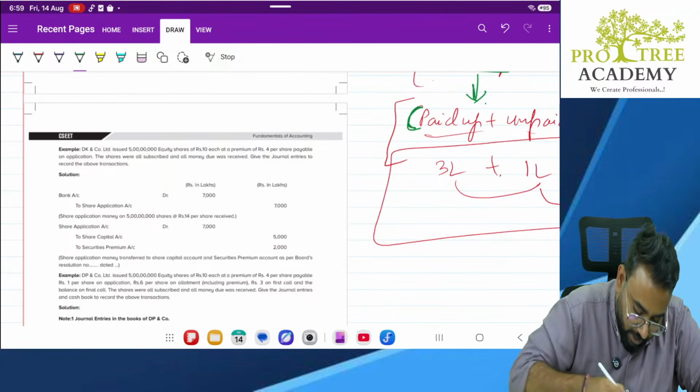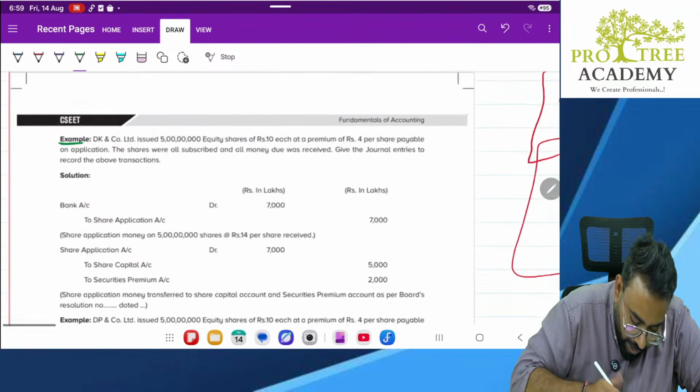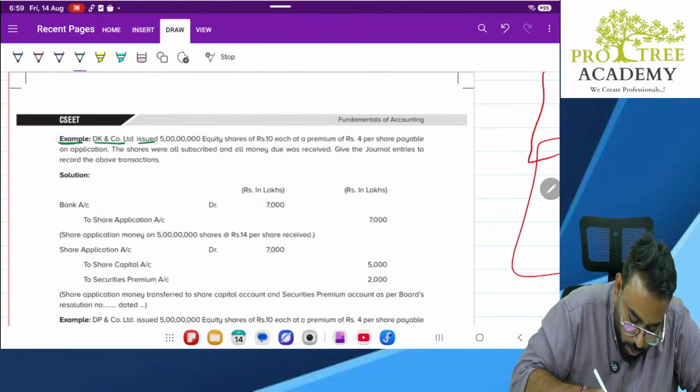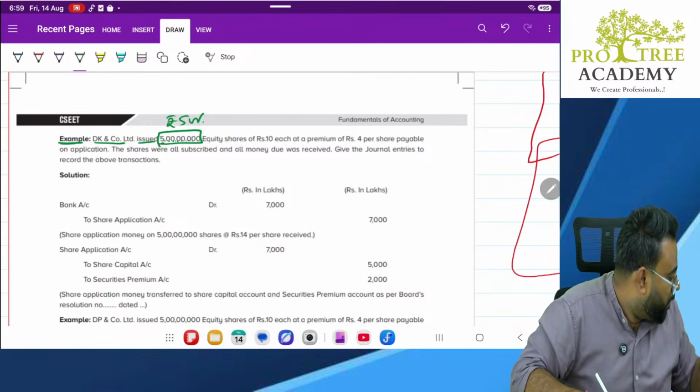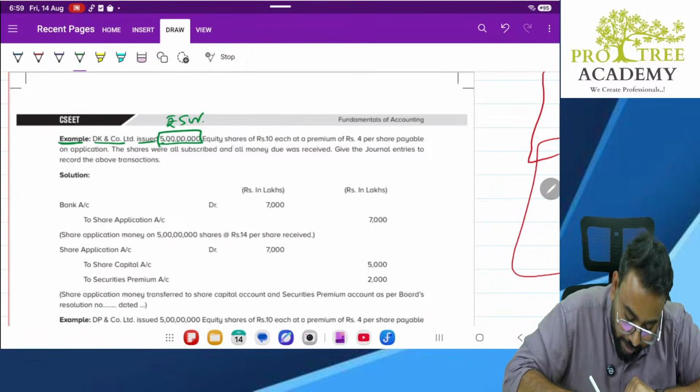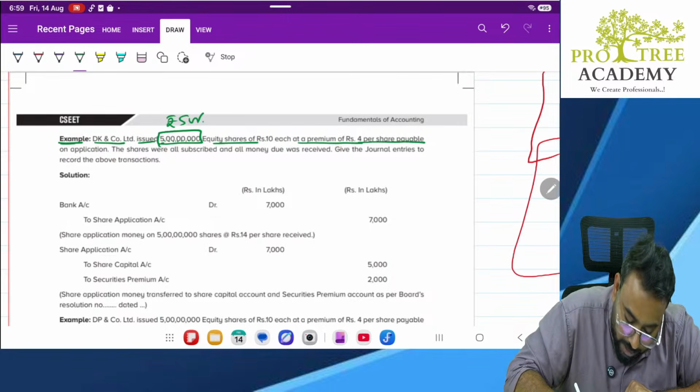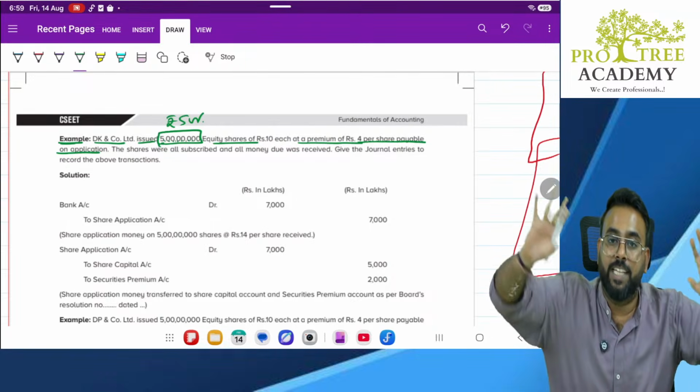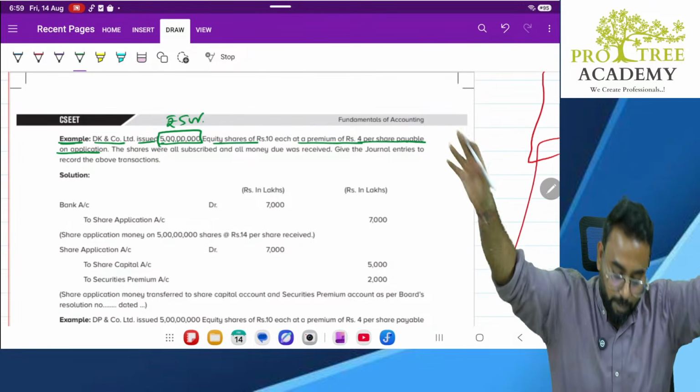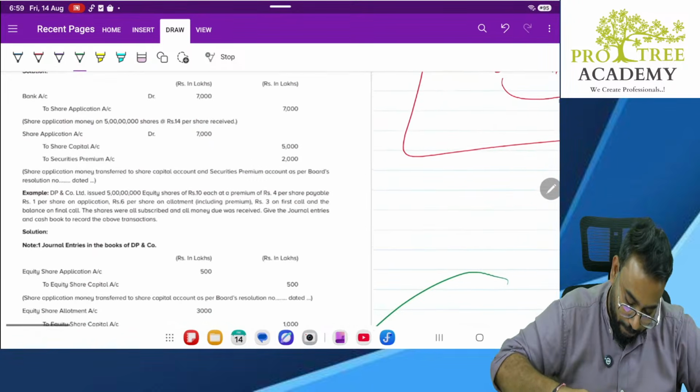Okay. Now let's solve the example. DK and Company Limited issued 5 crore equity shares of 10 each for a premium of 4 per share payable on application. Listen to me carefully.